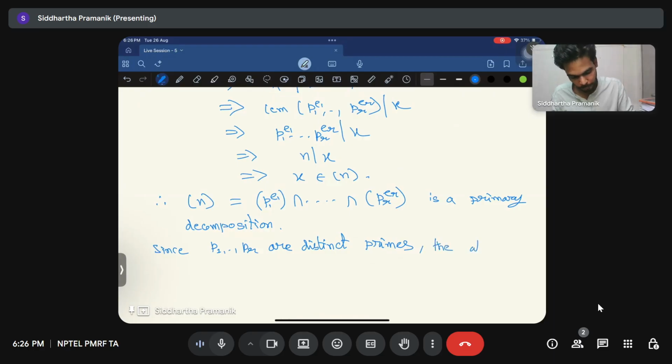So the above is a minimal primary decomposition.